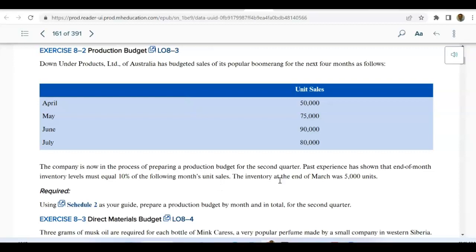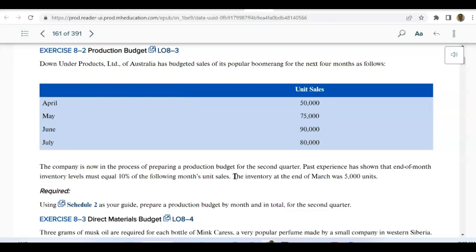Past experience has shown that the end of the month inventory level must equal 10% of the following month's unit sales. So at the end of each month, you need to have at least 10% of next month's sales as a safety, right? The inventory at the end of March was 5,000 units, which makes sense.